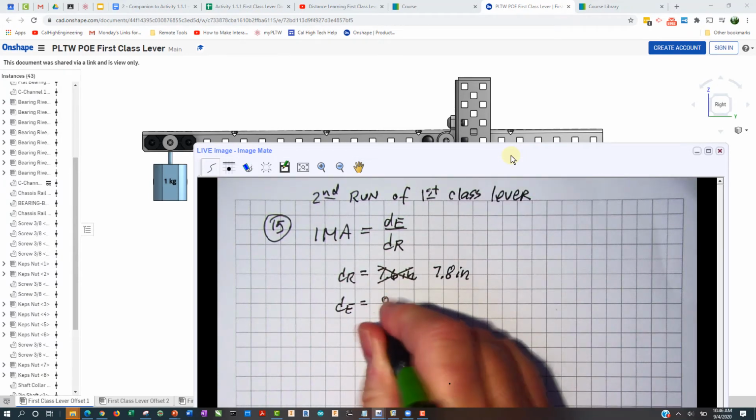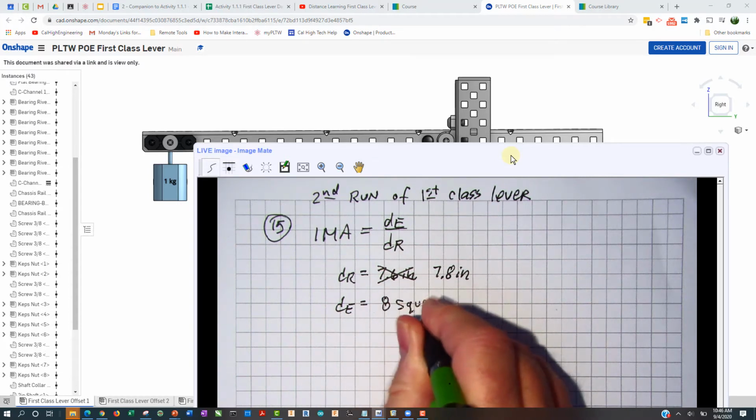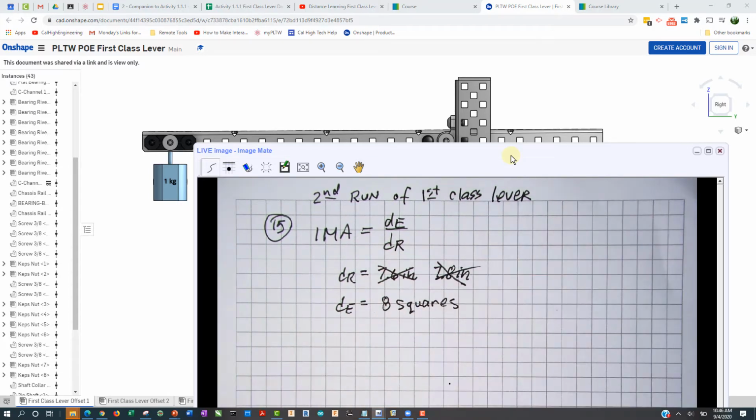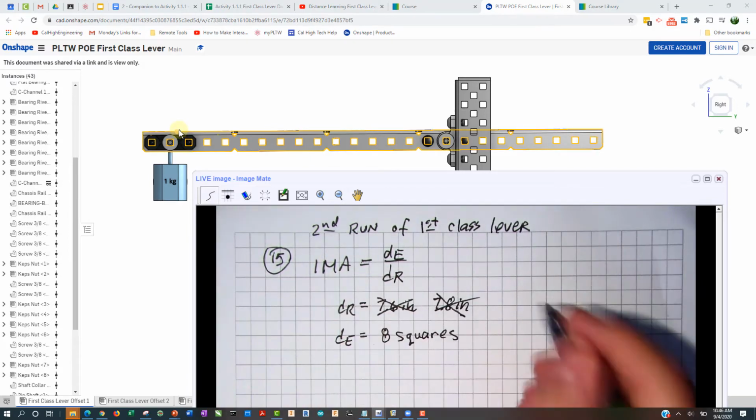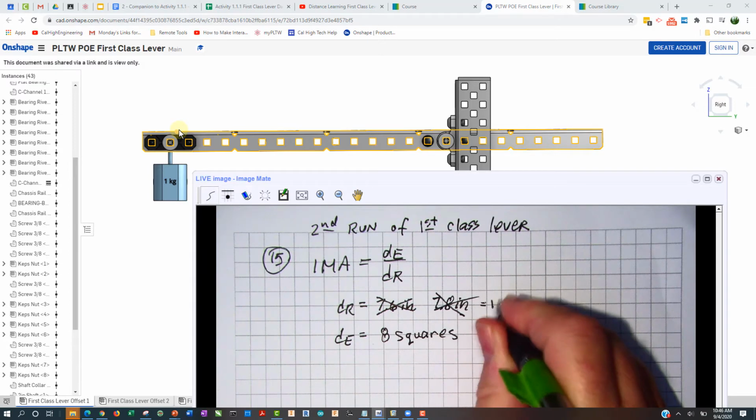So we're going to say 8 squares. Let's mark that out, and let's measure from here. So it's 1, 2, 3, 4, 5, 6, 7, 8, 9, 10, 11, 12, 13, 14, 15, 16 squares. That's kind of suggestive. So that's 16 squares.